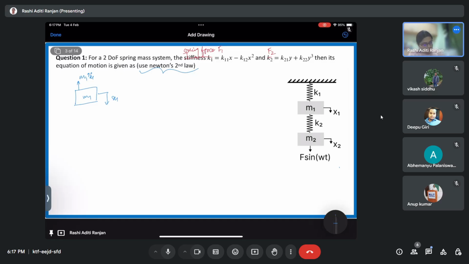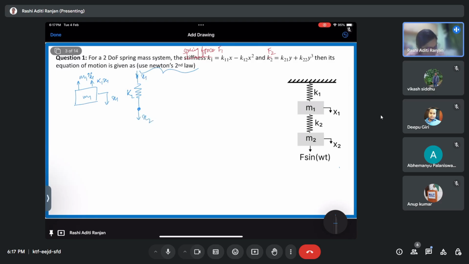If I consider that my spring force is linear, I'll have a spring force K1 x1 like this. And because of the spring below it, which connects m1 and m2, if I see this spring, which is K2, what is the extension? Here it is getting extended by x2, here it is getting compressed by x1.